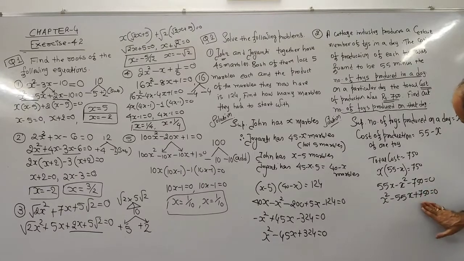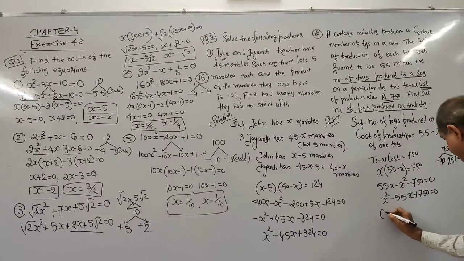Now we have to factorize 750 such that minus minus gives plus. Addition should be 55, so you can take 30 and 25. Minus 30, minus 25; 30 times 25 is 750.